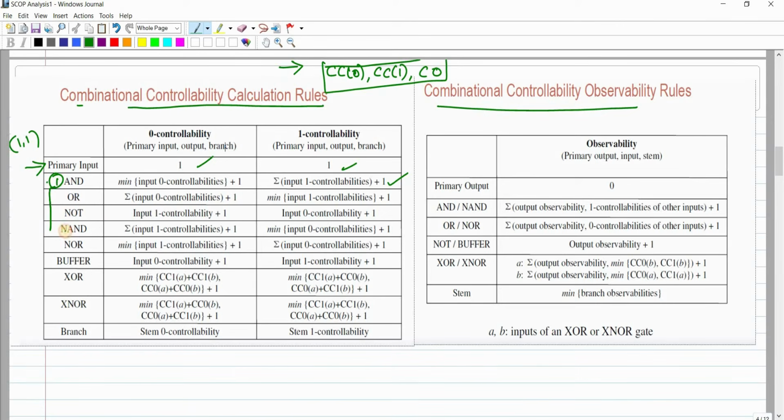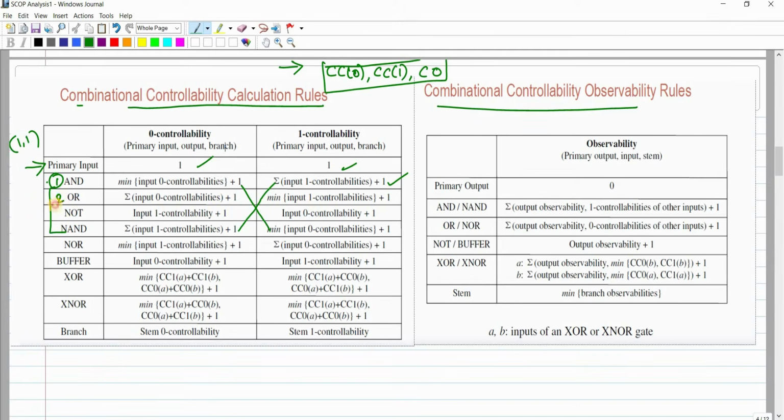Now the NAND gate is just the opposite. If you remember the AND gate formula, the NAND gate formula is just the reverse of that. Next, the OR gate. The OR gate formula for 0 controllability is the sum of the input 0 controllabilities plus 1. For 1 controllability, it is the minimum of the input 1 controllabilities plus 1.